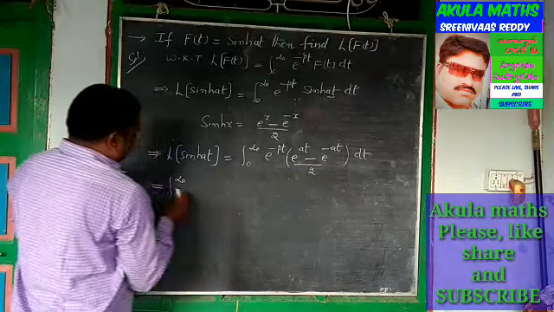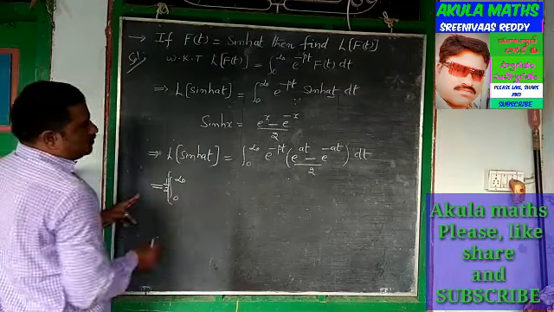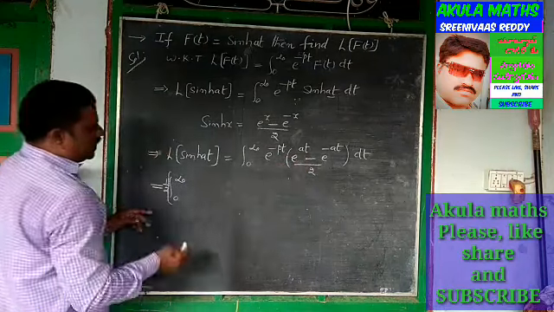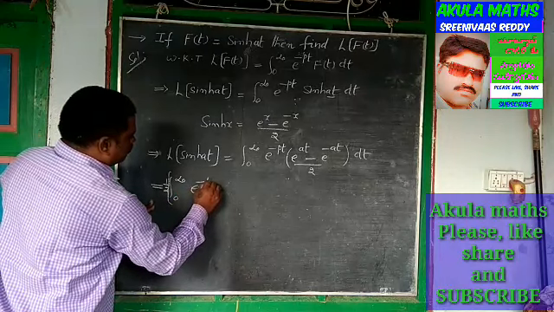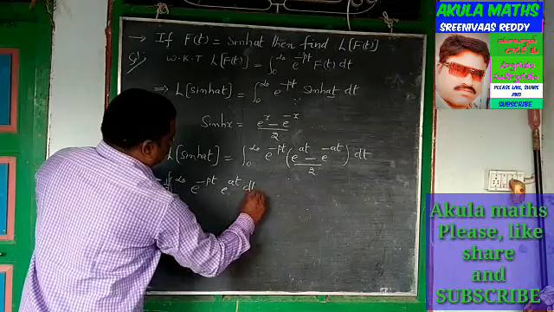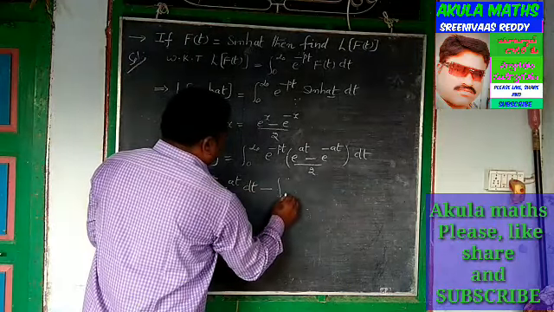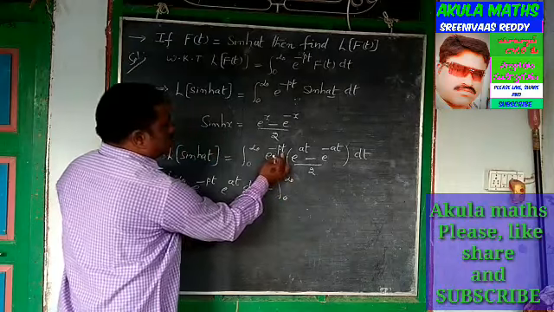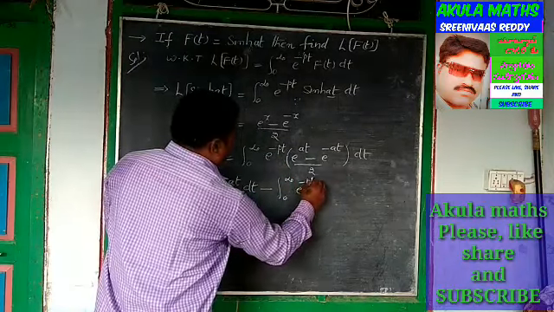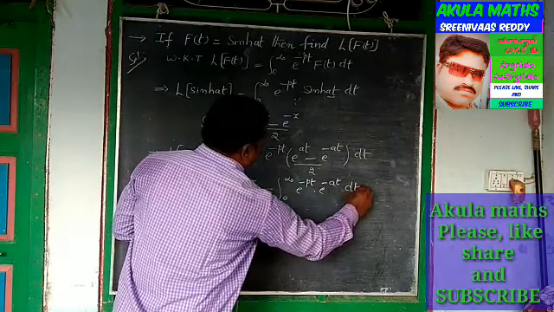So that is equal to integral 0 to infinity. 1 by 2 is common. Integral 0 to infinity, multiply e power minus pt into e power at, into dt. Separate the integration, and minus integral 0 to infinity e power minus pt into e power minus at into dt.